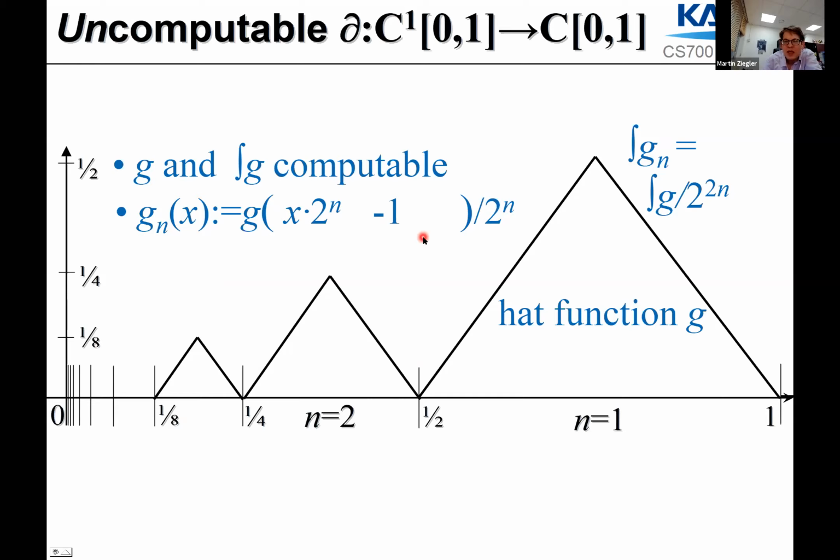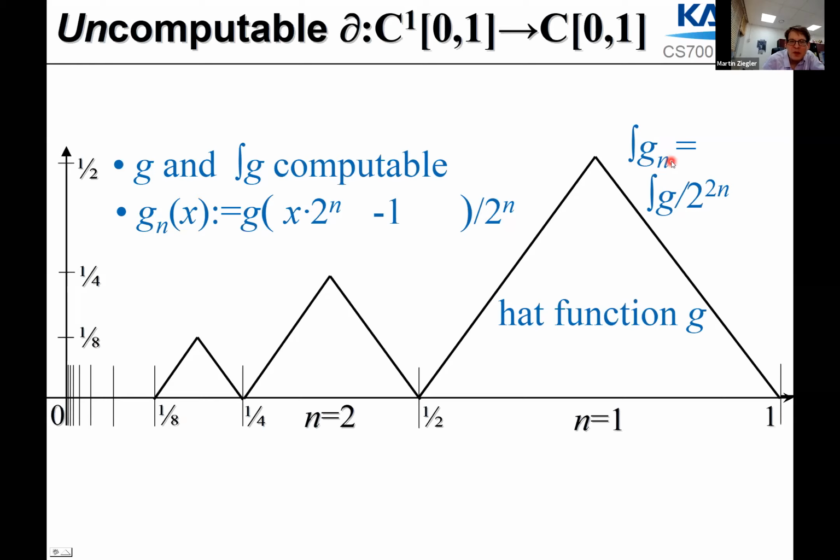This makes the area under the function, the Riemann integral of the function, scale with 4 to the n, or 2 to the 2n, right? Because we scale both x and y. So reducing both height and width by a factor of 2 reduces the area by a factor of 4. And this is exactly what is recorded here for later convenience.